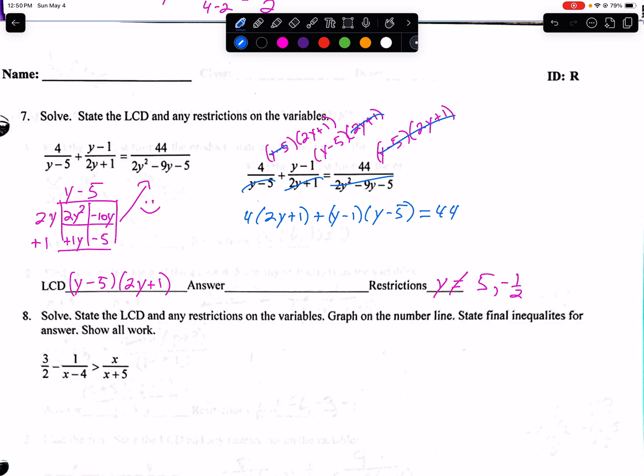Because you get rid of those denominators and you can just solve for y. Wait, so you don't multiply that part by anything then, right? Oh, it's just 44. So I multiply all of the numerators by the LCD, and after the equal sign, it just cancels the denominator. So all the denominators cancel.